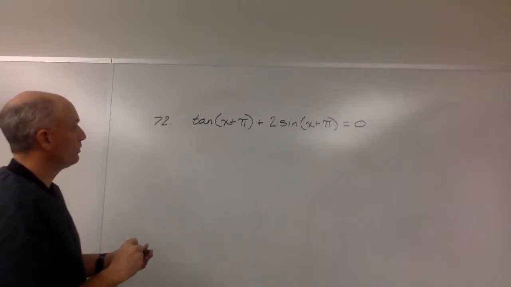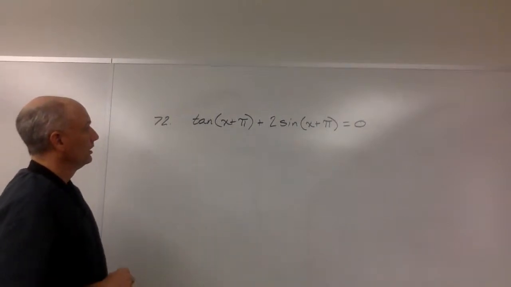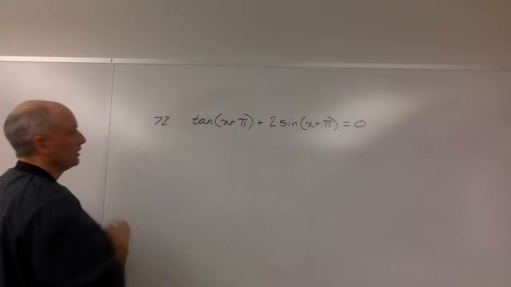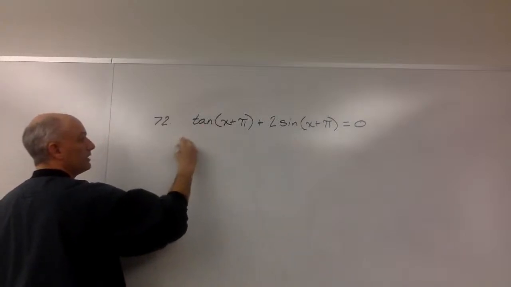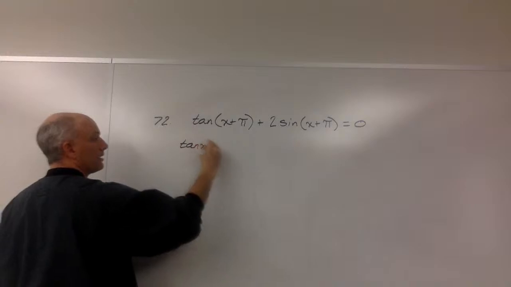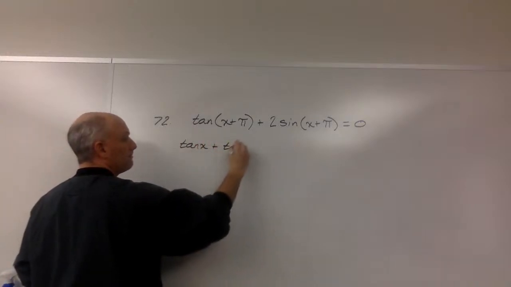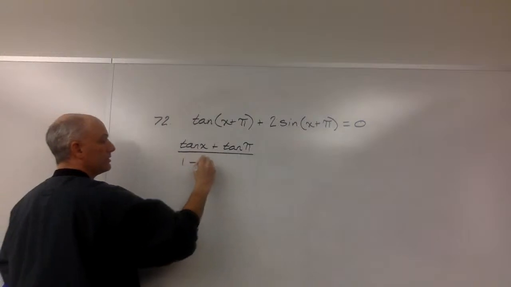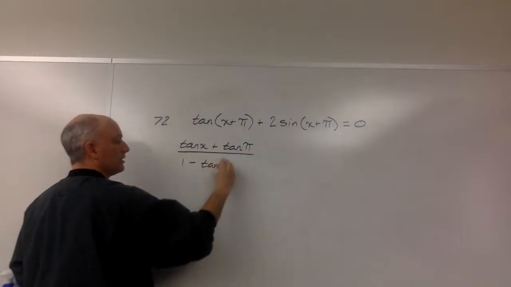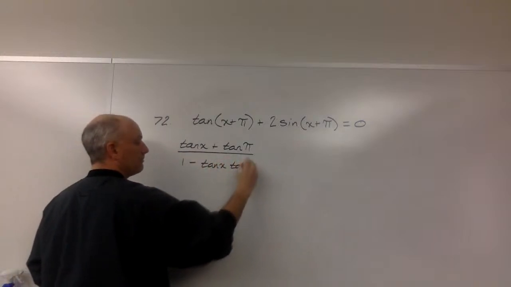All right, so in this one, let's go ahead and expand it. So here we will have the tangent of x plus the tangent of pi over 1 minus the tangent of x, tangent of pi.